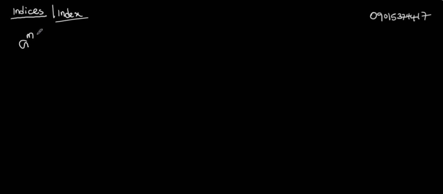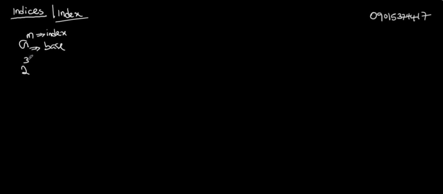So M is a variable sign standing for index, while A is a variable for base. So index is a small number that tells how many times this base will multiply itself. So if I have 2 raised to power 3, for example, the index is 3, the base is 2.